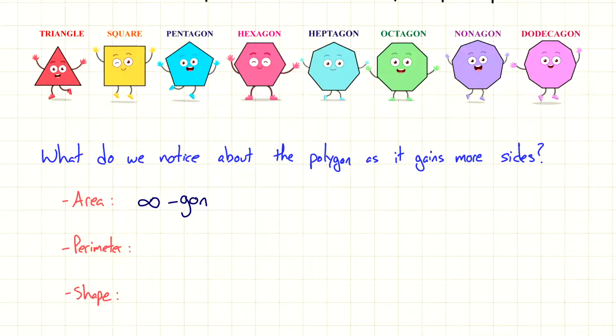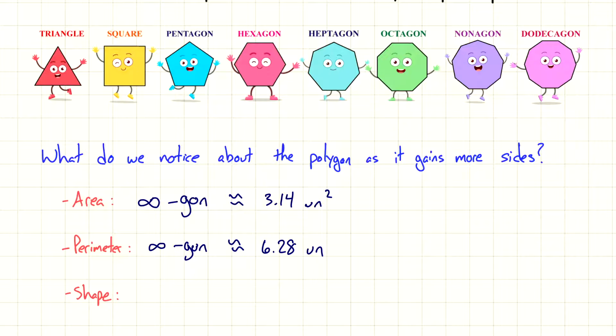So an infinitygon, which is going to have an infinite number of sides, the area of that one is going to be approximately 3.14 units squared. All right, that's an approximation. And we also notice for an infinitygon that the perimeter is approximately 6.28 units.